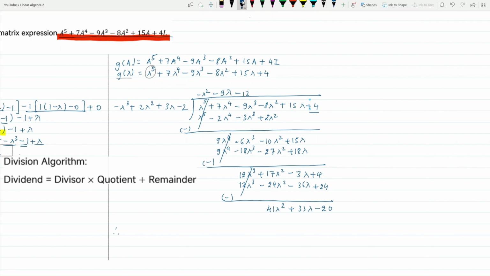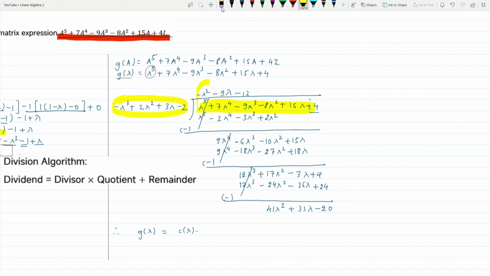So using the division algorithm, we can say the dividend, which is this, which we had called g of lambda. So we have g of lambda is equal to the divisor, which is this, that's our characteristic polynomial, c of lambda, times the quotient.